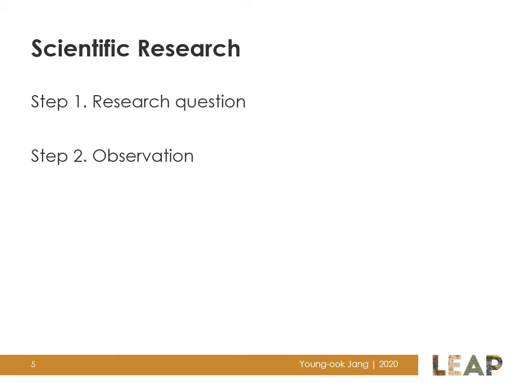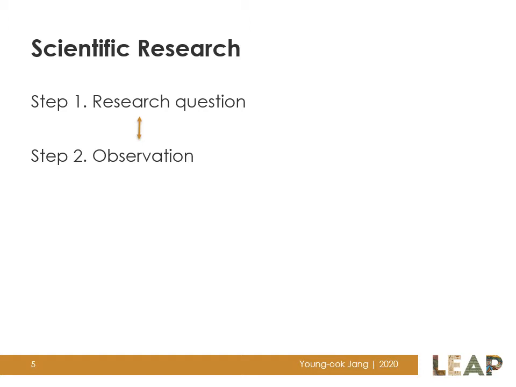Usually the step of observation is interactive with the step of research question. If you have a good research question, you'd be able to find what to observe. And if you do some observations right, you would be able to draw a good research question out of the observation. So these two are interactive.